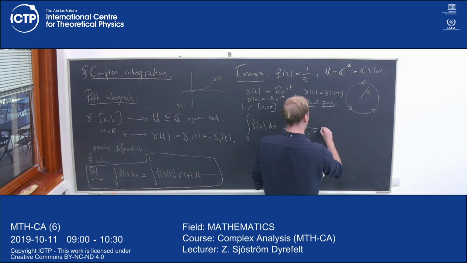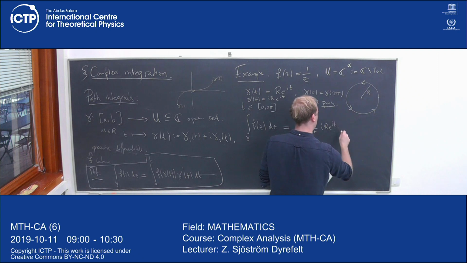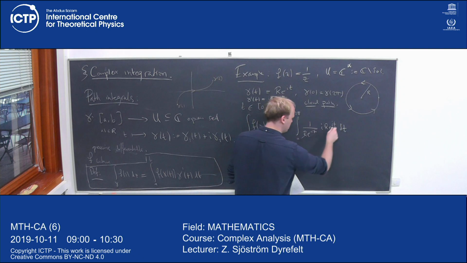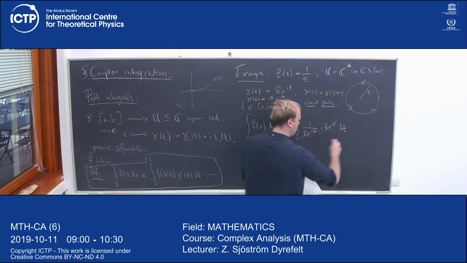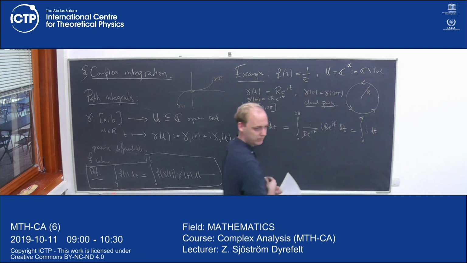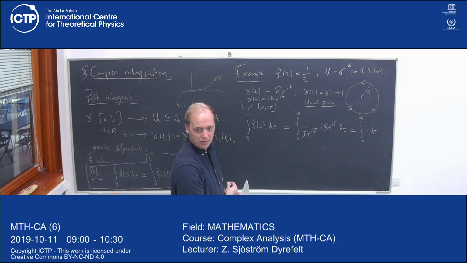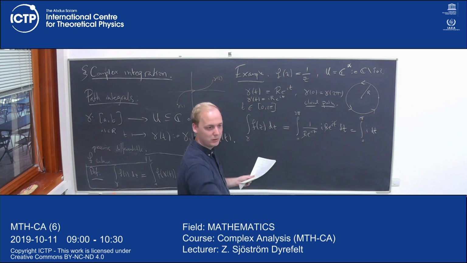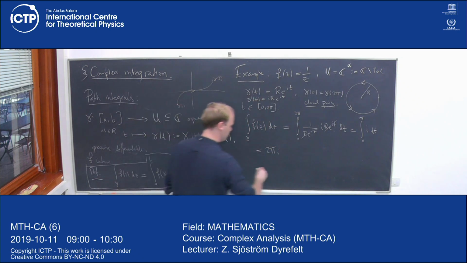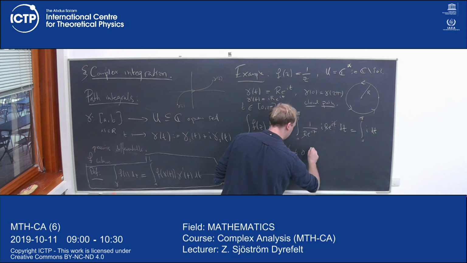So i r e to the it dt. Now this cancels with this. So this is equal to the integral from 0 to 2 pi of i dt. Yeah, exactly. So i is a constant, and then you have the length that you go around. So this is equal to i times 2 pi, or 2 pi i, which is not equal to 0.